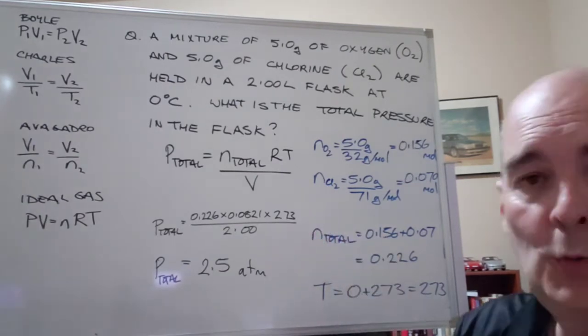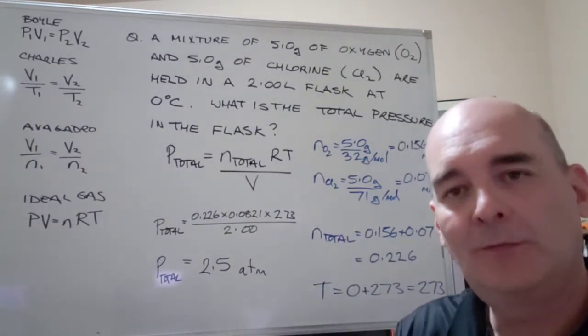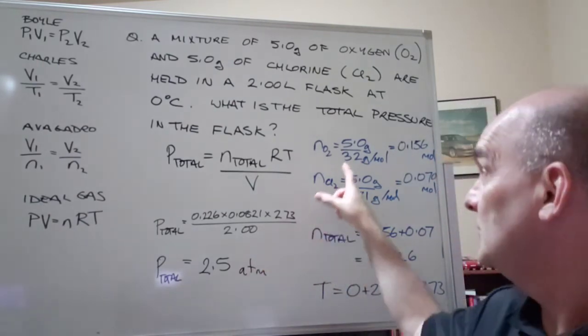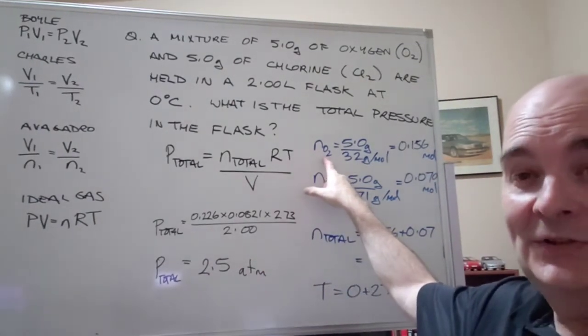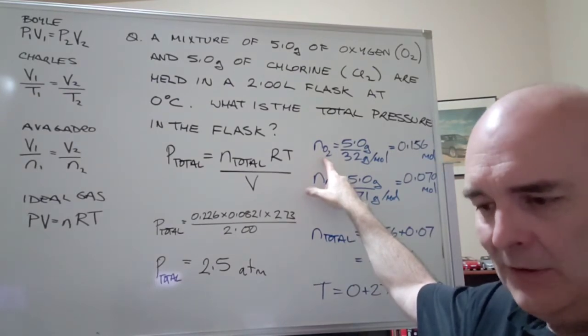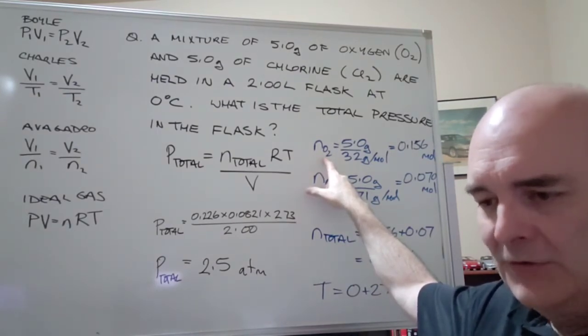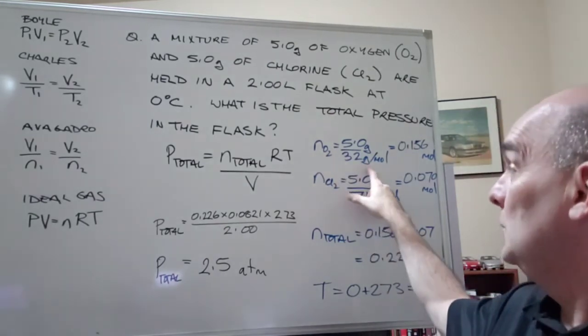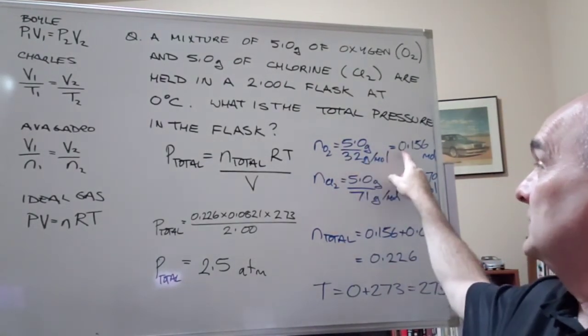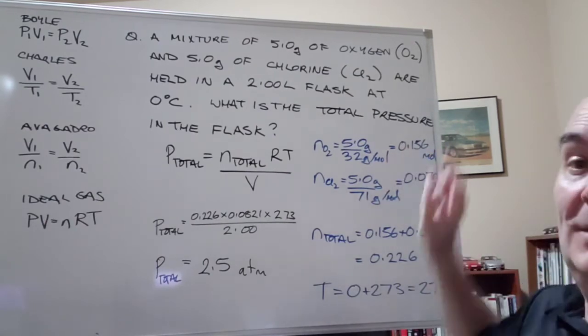So knowing that moles is mass divided by formula mass, I'm going to find the number of moles of oxygen, and oxygen gas is O2. Each oxygen weighs 16 grams per mole, so that is 32 grams per mole for an O2. 5 divided by 32 is 0.156 moles.